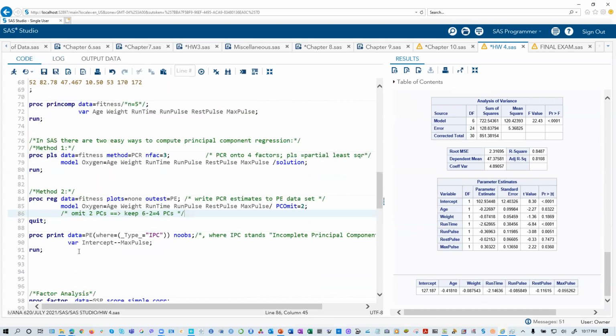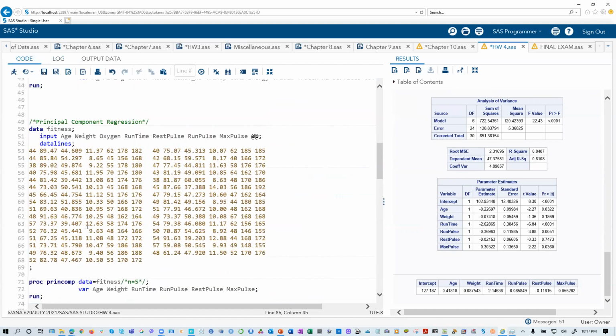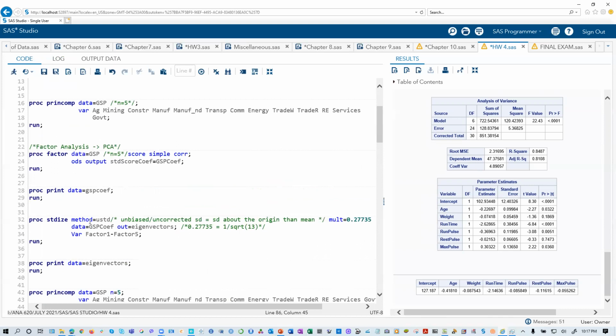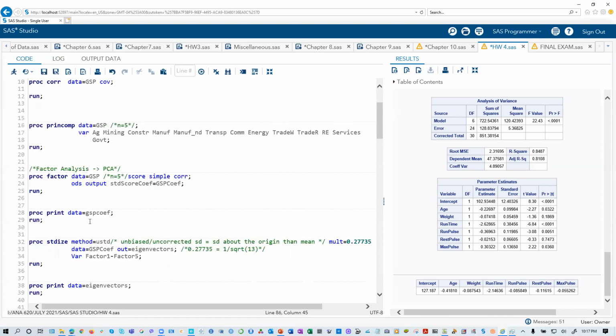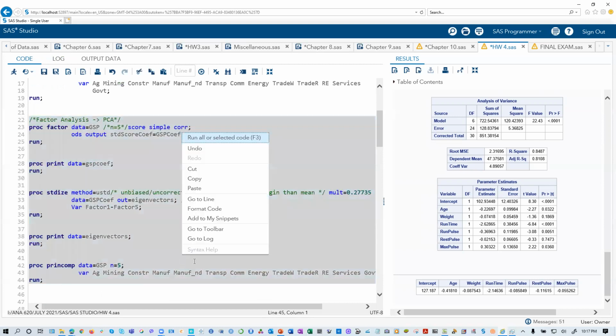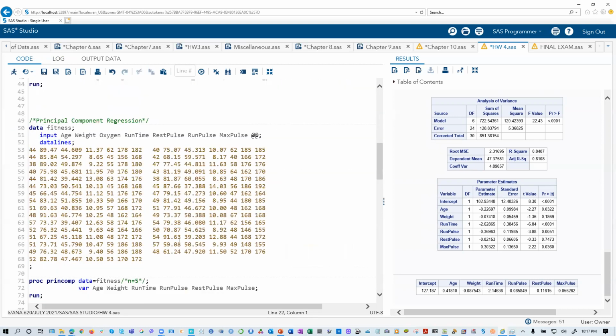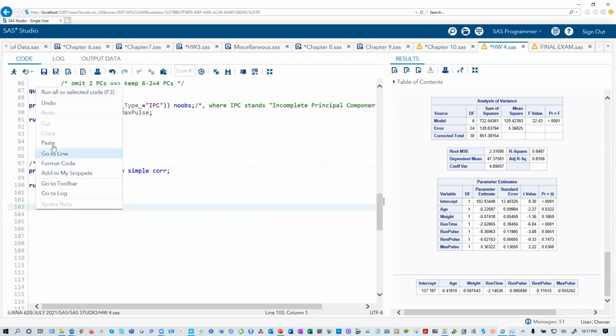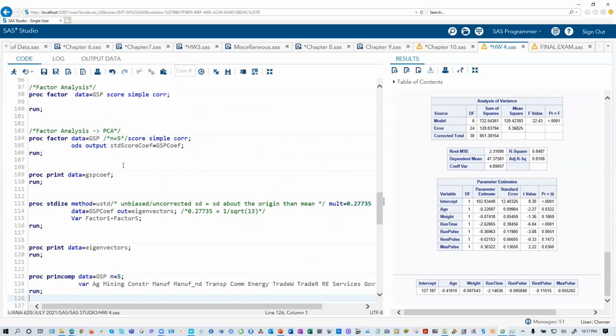If you want, then you can keep that same procedure that I was doing over here. Fact analysis, that means if you have this one to here, copy, and then paste over here with data, if you're going to do that one. I'm talking about the principal component analysis. This is just the fact analysis.